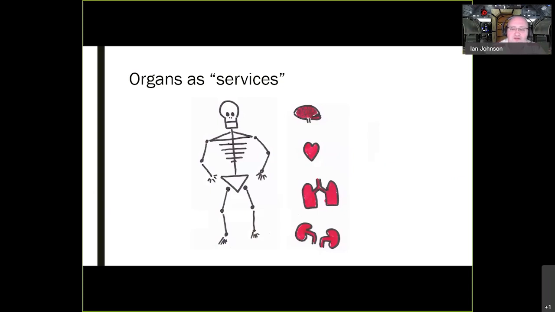The brain trusts that the heart and lungs are working. It doesn't necessarily need to control them directly or control everything that they do. It needs to know that they're working correctly, or it doesn't need to know the kidneys are working correctly. It just assumes that they're going to work correctly. So this is very much a service-based system.